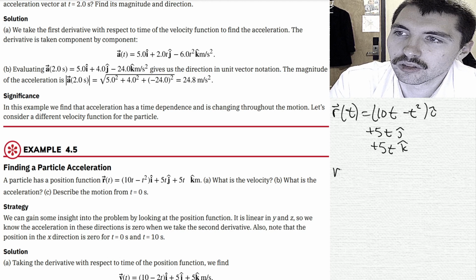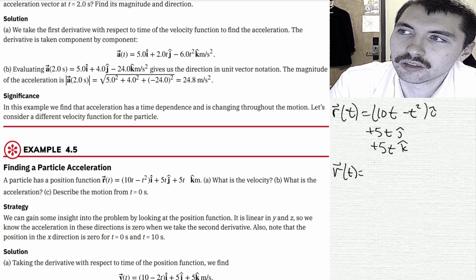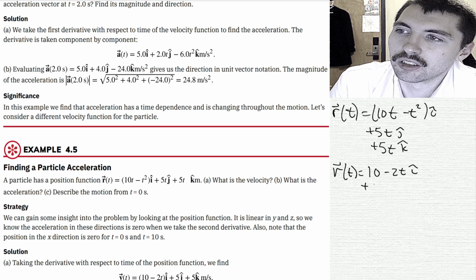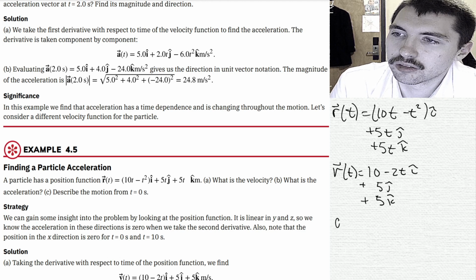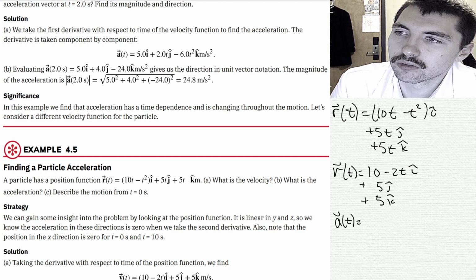Okay, so velocity is 10 minus 2t i plus 5j plus 5k. What is the acceleration? a is minus 2i plus 0 plus 0.